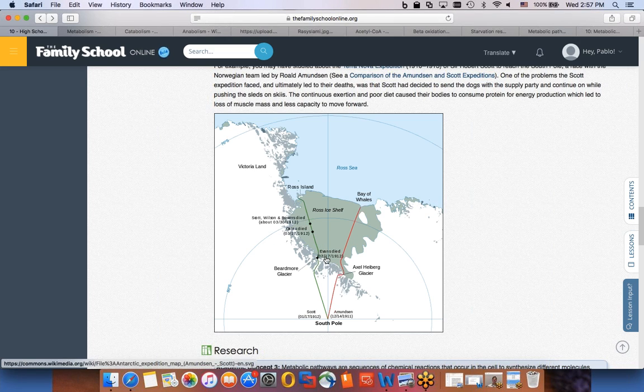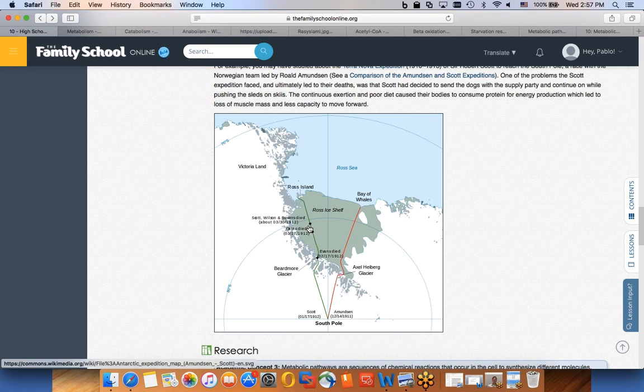And finally, one person died here on the return trip, then another person died here, and then the final 3 in the expedition, Scott, Wilson, and Bowers, died on March 30th. So this is already getting really cold, and they died at this point.